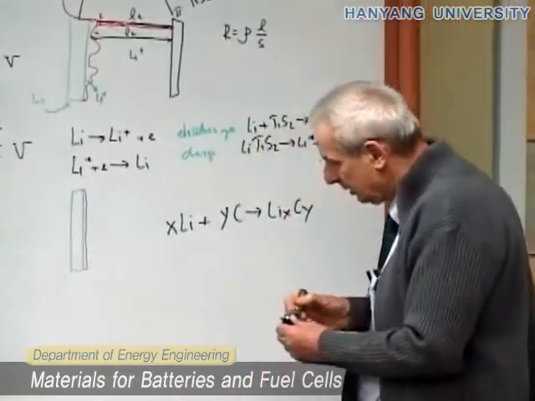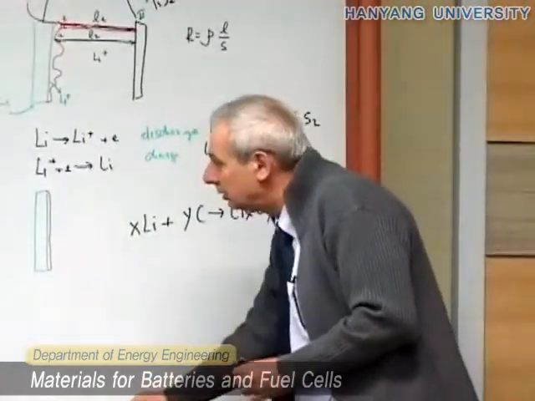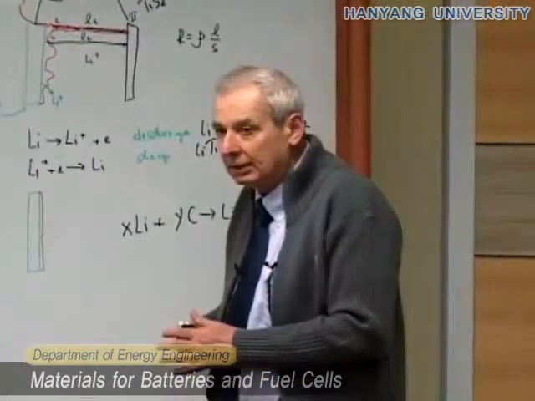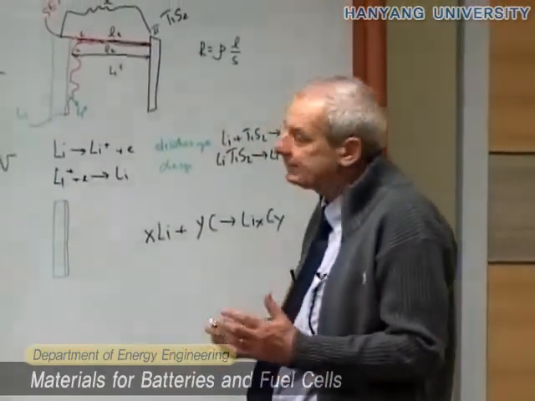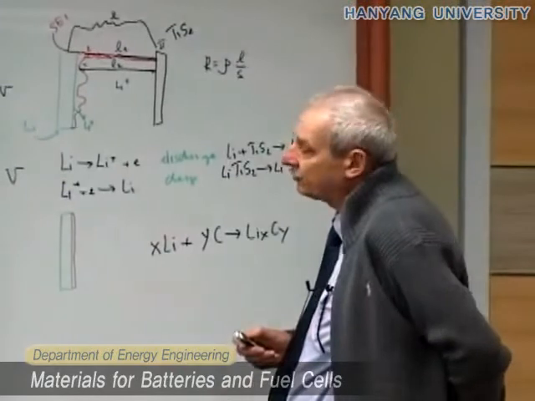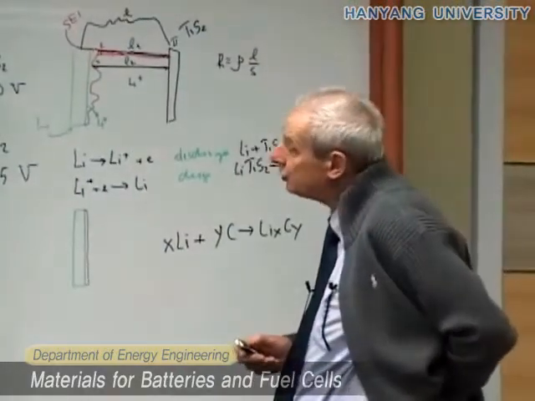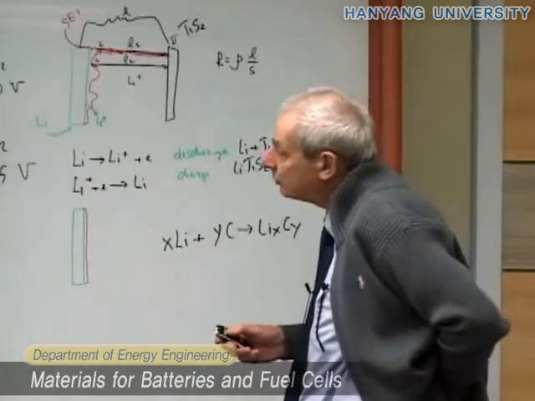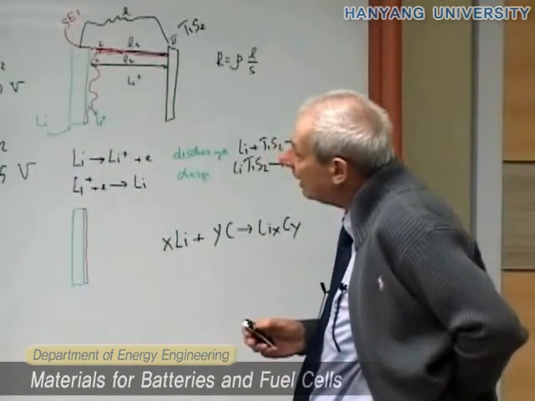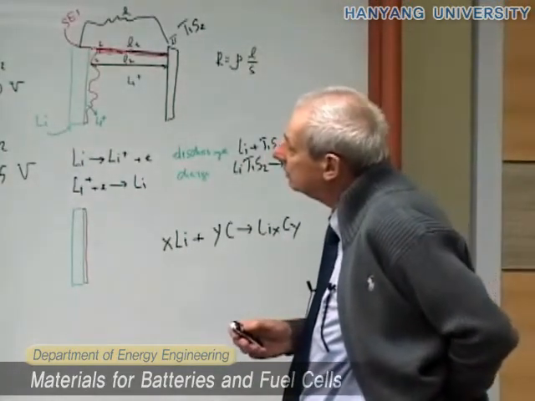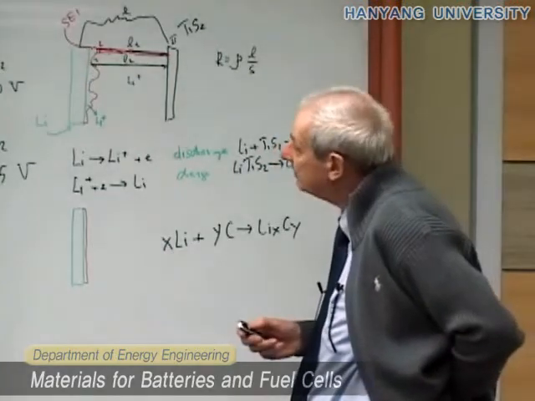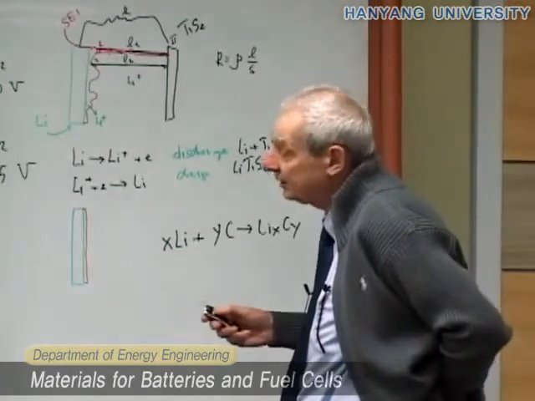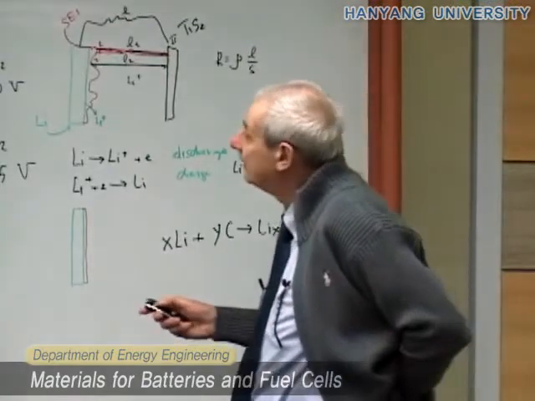Okay? So a very common way to test these materials for lithium batteries is first to check them versus a lithium anode in order to determine the electrochemical process. We will see this for many materials.